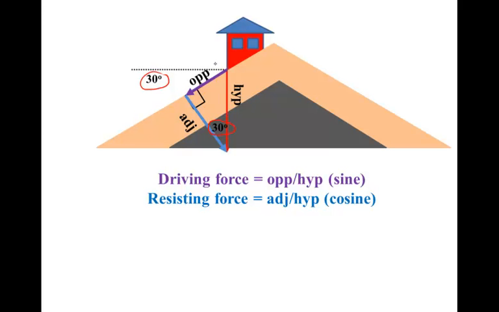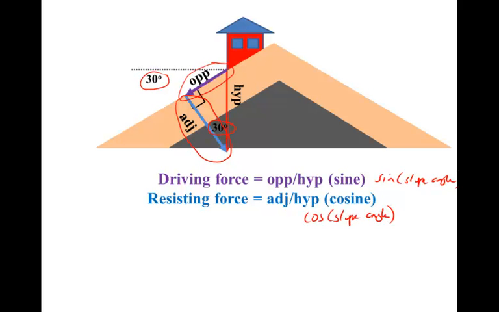The driving force, this vector, is therefore given by the sine of the slope angle. The resisting force, the normal force, this guy, is then given by the cosine of the slope angle.